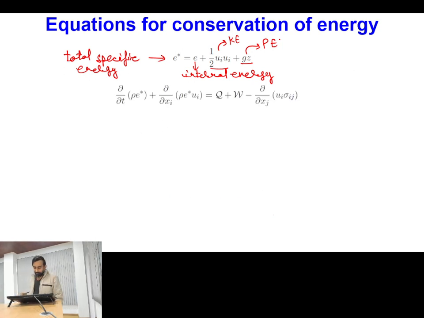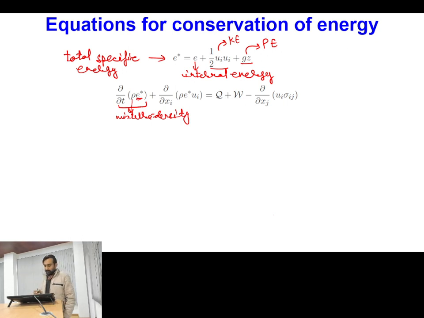Now, when I write the equation, I first have the rate of change of energy within the control volume. So that is del by del t of rho E star, where rho is my density and E star is the total specific energy within the control volume.